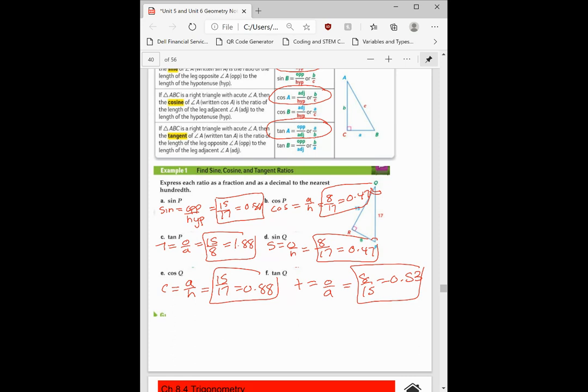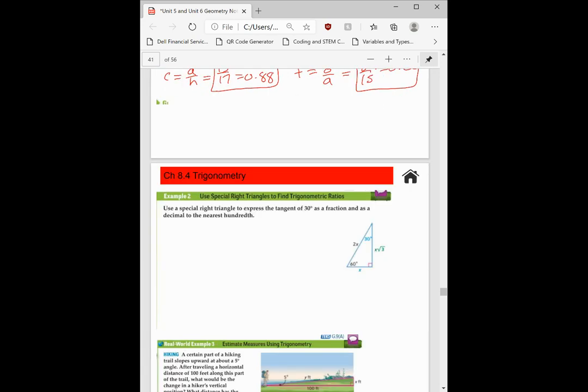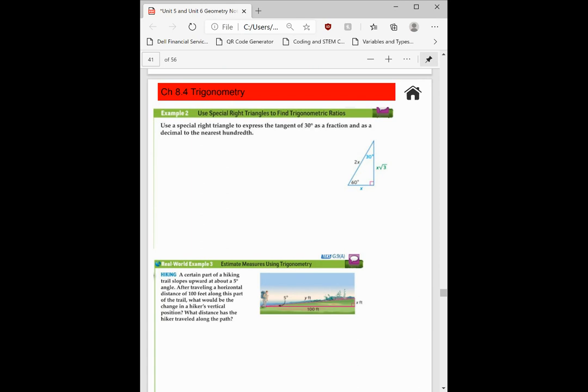Okay, now let's look at example 2. Example 2 says use a special right triangle to express the tangent of 30 degrees as a fraction and as a decimal. So tangent of 30 degrees is equal to opposite over adjacent. Well, opposite of 30 degrees is x.